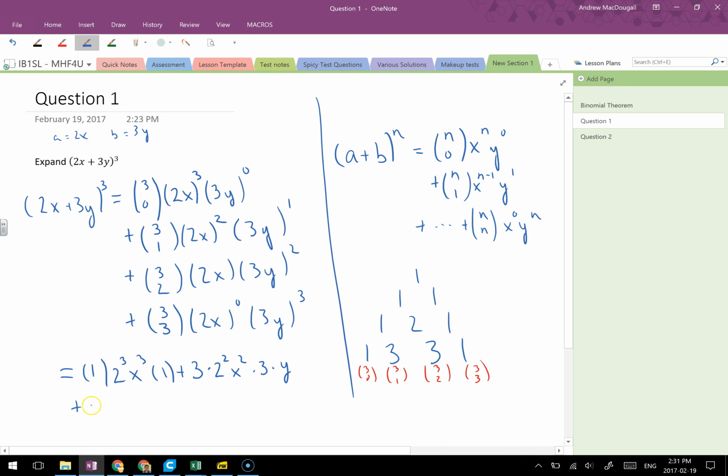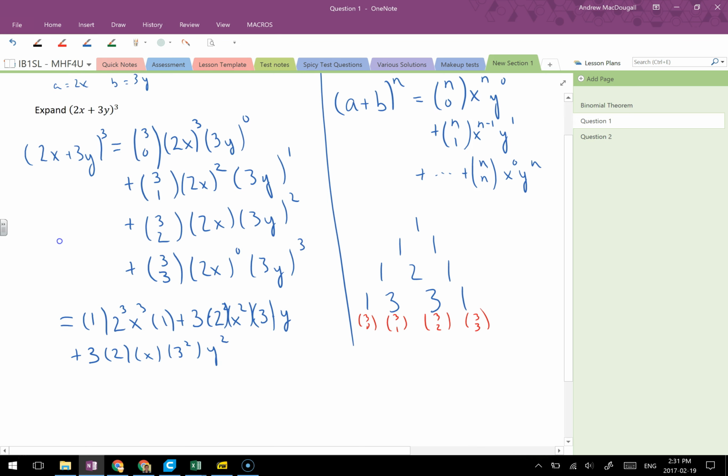Plus, okay, 3 choose 2 is also 3, times 2 times x times 3 squared times y squared. Plus 3 choose 3 is 1. Anything to the power of 0 is 1, times 3 cubed times y cubed.